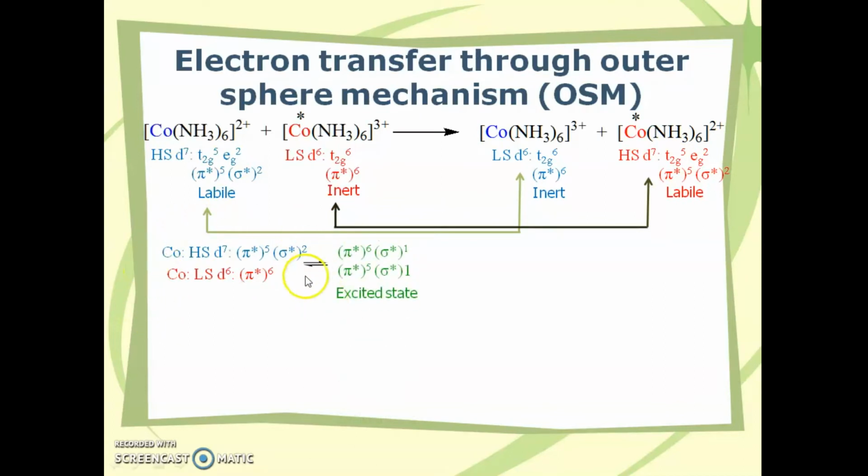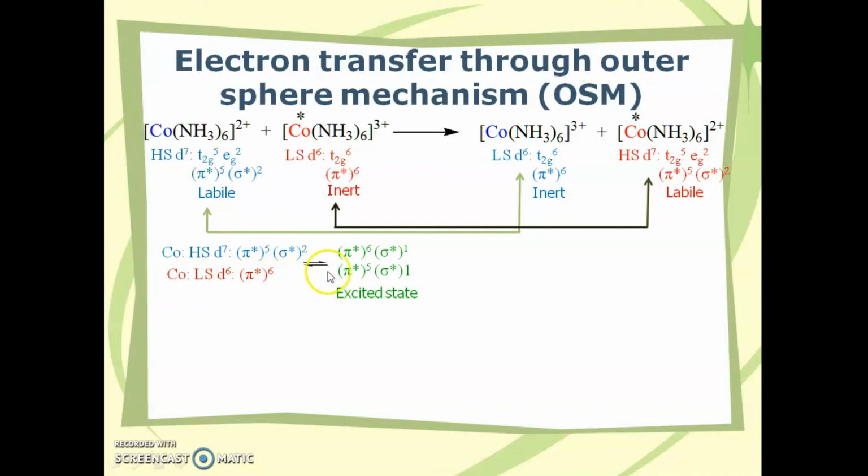This is the ground state electronic configuration and this is the excited state. Now during the excitation, what happens? One of the electrons from the sigma star orbital is shifted from here to here. This becomes sigma star 1 and this becomes pi star 6. And what happens to the low spin cobalt?